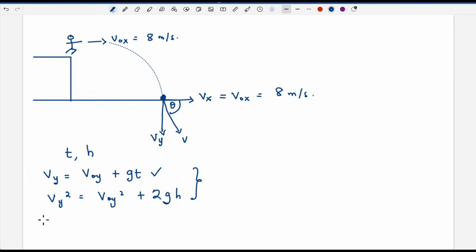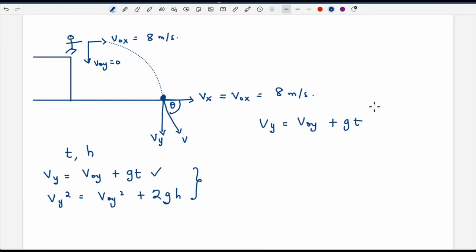So in this case, I have Vy equals V naught y plus gt. Now V naught y is 0 because initially we saw that the vertical component of the speed, V naught y, is 0.